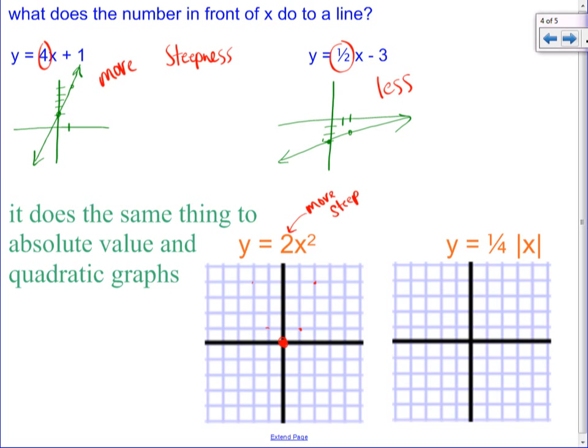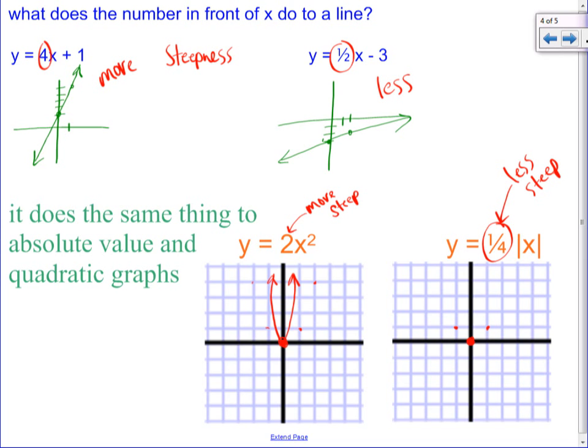So when we graph it, we just want to make sure that you're showing me on your test that you know that this is supposed to be steeper because of this too. You don't plot points. Okay, it's just a sketch at this point. You're telling me I know that the 2 means more steep. Okay, over here. This is going to be what? Less steep. Okay, it's not moved anywhere, so we're starting at the origin. Okay, I'm just going to put these here for reference.